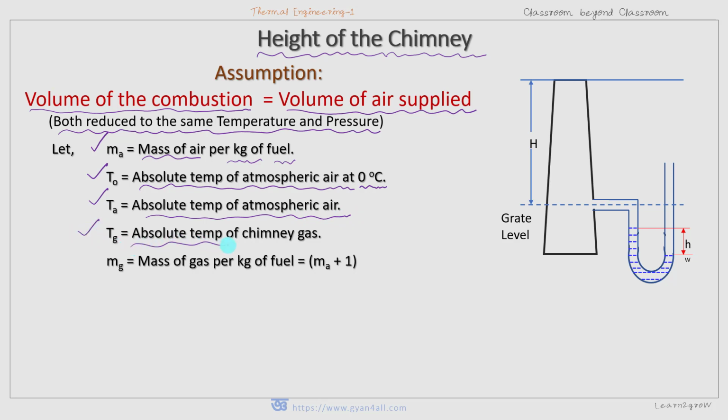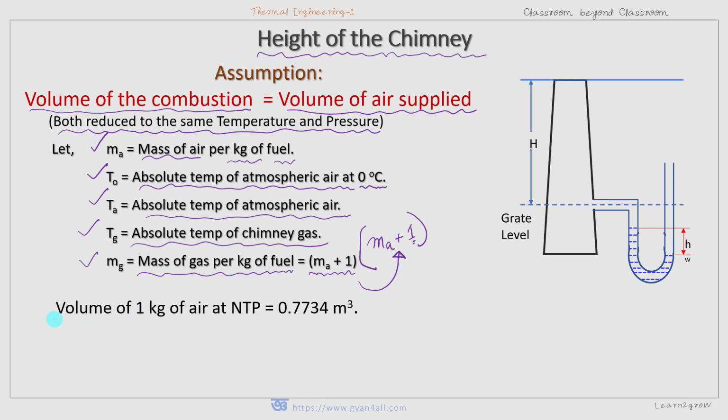Tg is the absolute temperature of chimney gas, and Mg is the mass of gas per kg of fuel, which is equal to Ma plus 1, because for 1 kg of fuel, Ma kg of air is consumed. Now the mass of air Ma plus the mass of fuel is the mass of the gas.